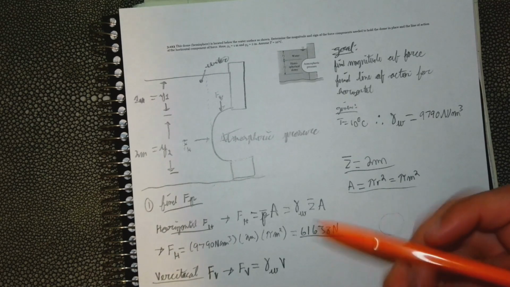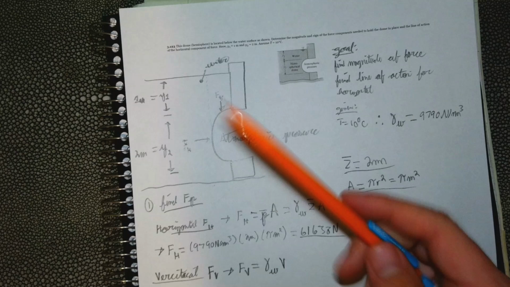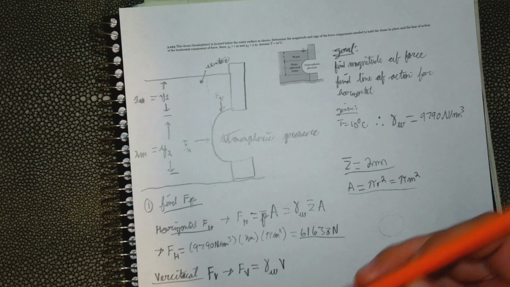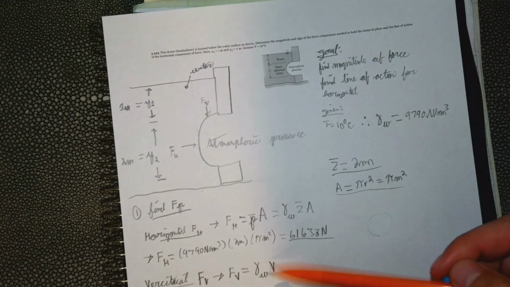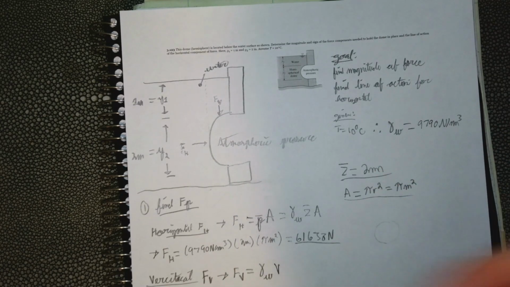So now we got to do the volume of a hemisphere. We got to find the volume of the hemisphere and multiply that by the water to find the weight of the water that's on top.